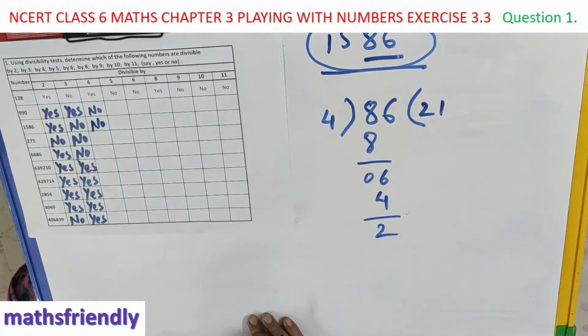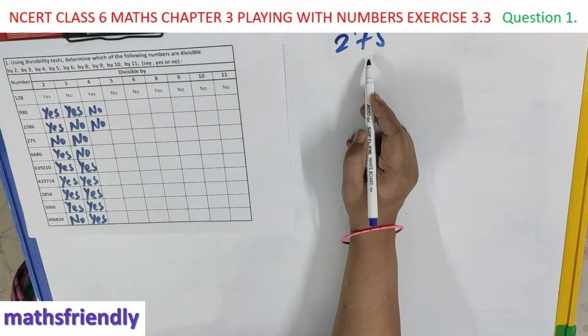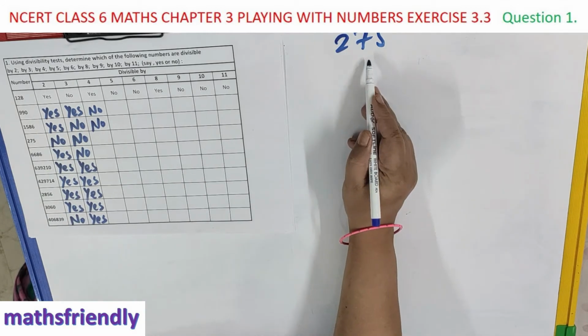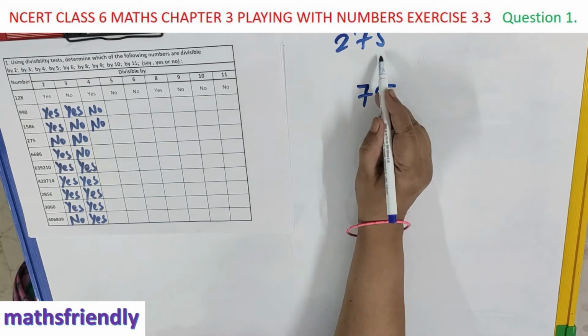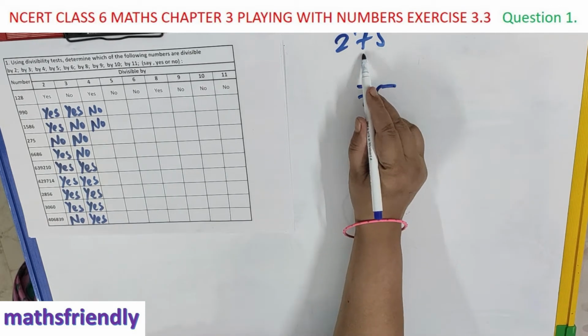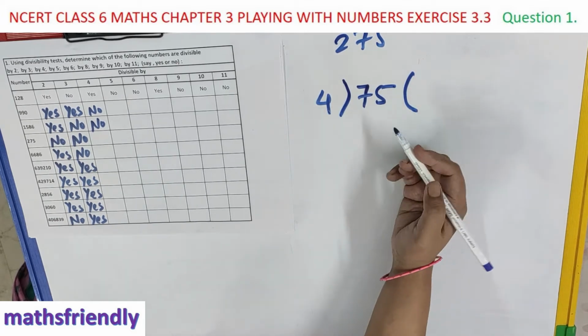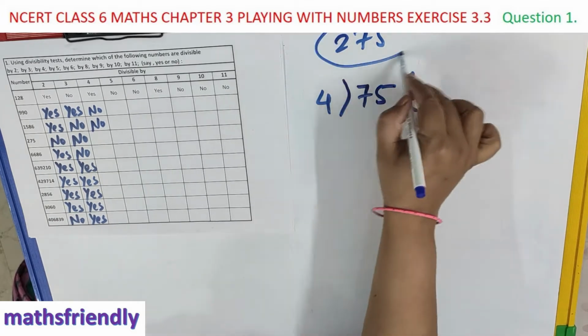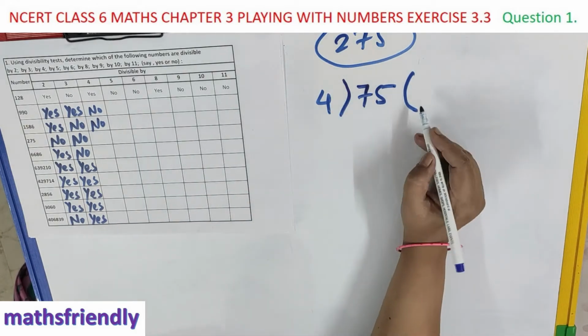Understood? The next number is 275. So we will check whether this number is divisible by 4 or not. We have to check the last two digits, whether the number formed by the last two digits is divisible by 4 or not. If yes, then the complete number is also divisible by 4. If no, then this number is not divisible by 4.